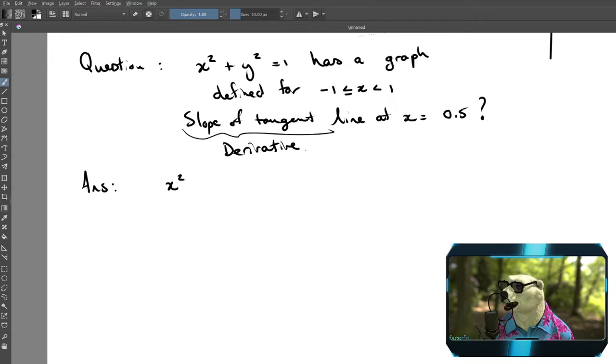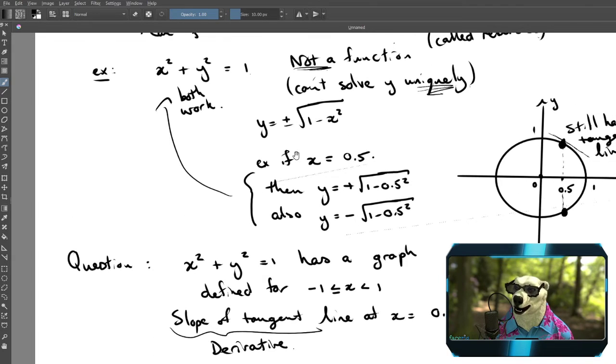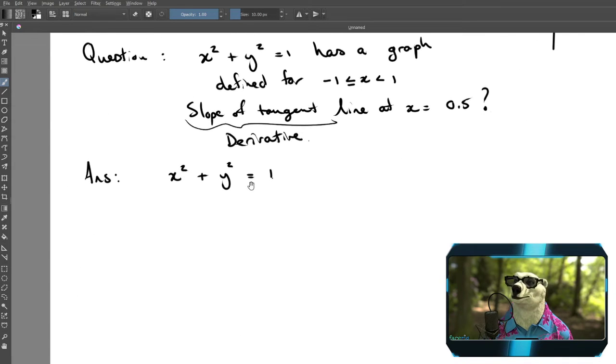I write my equation, and I don't bother to solve for y, even if I feel like I could. This plus minus root version is not something I want to work with. So I just leave it in its nicest form. No roots, no plus minus options, nothing. Nice and simple equation.